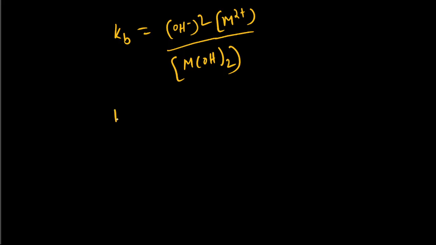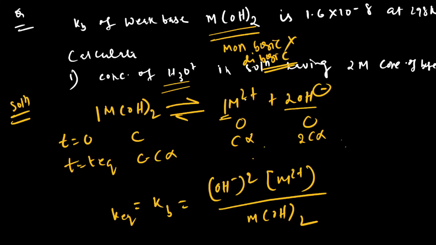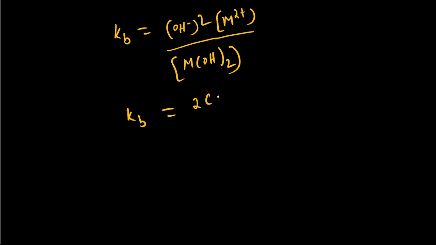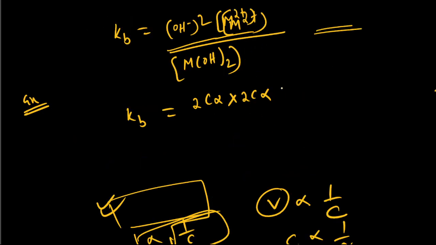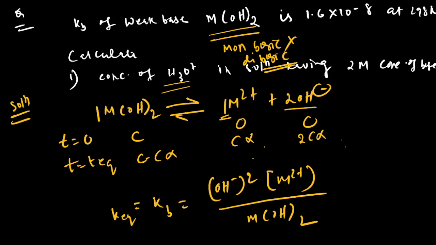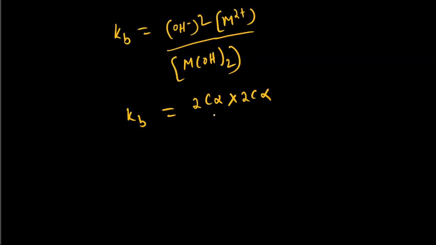So Kb equals, OH is how much? 2C alpha, so 2C alpha squared, and M2 plus concentration is C alpha, and MOH2 concentration is C minus C alpha.